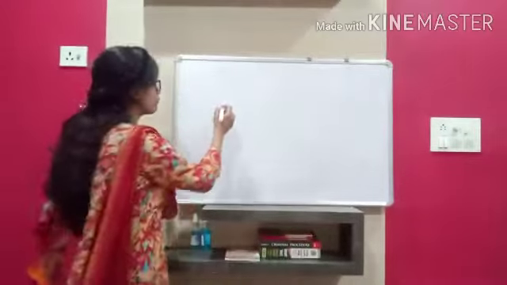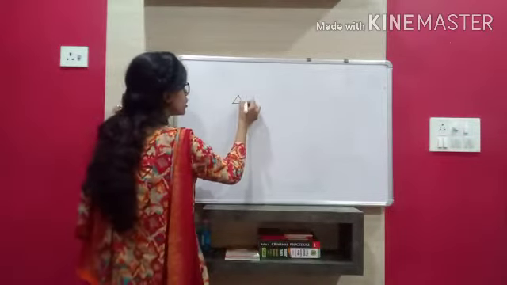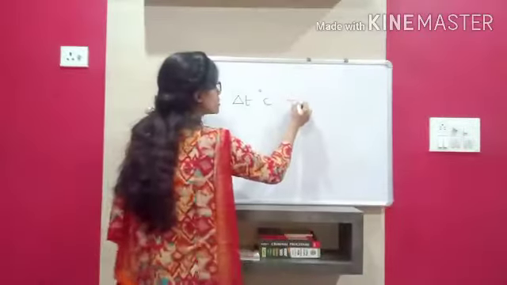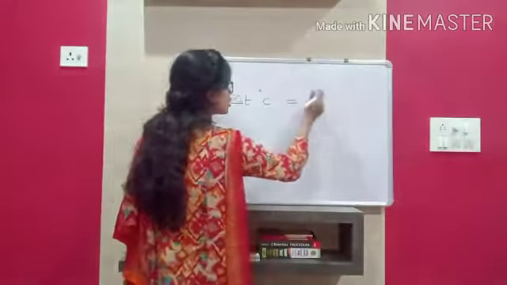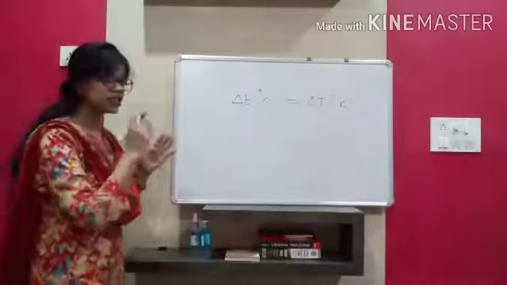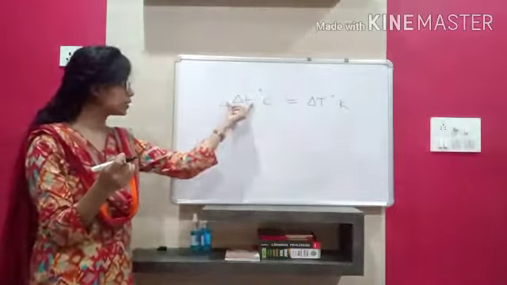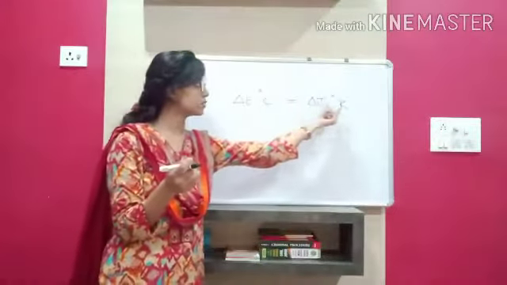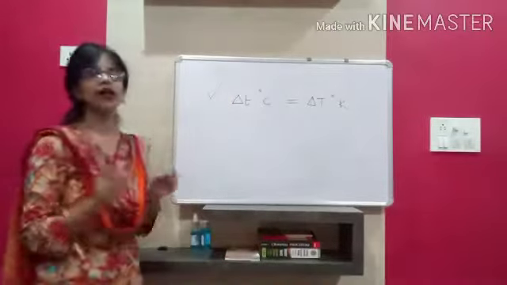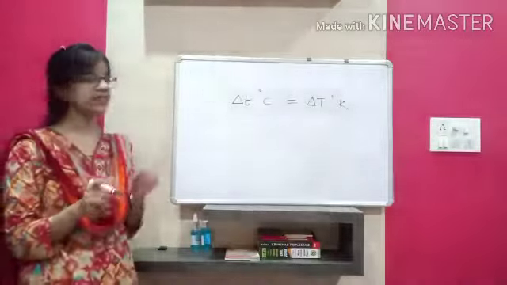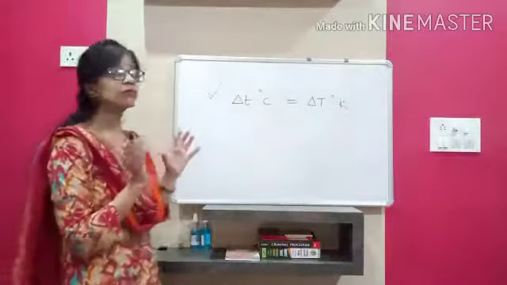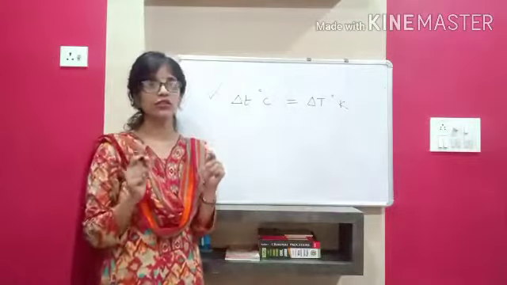So if you are talking about a change in temperature in degrees Celsius, it will be the same as the change in temperature in Kelvin. This is a very important thing and you need to keep this in your mind. This is already written in your book. Just mark it so that when you solve numericals, you will keep this in your mind.